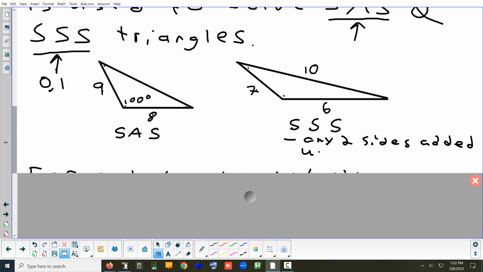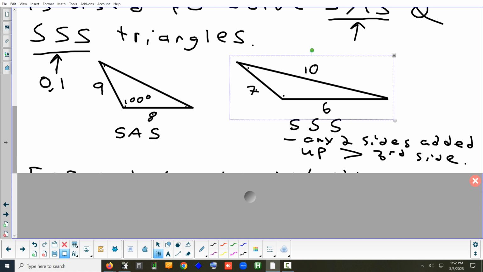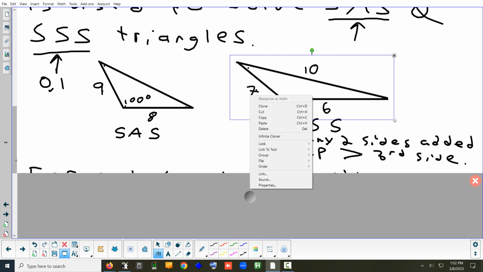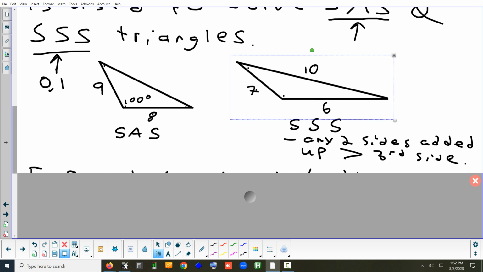Any 2 sides added up have to be greater than the third side. So if you check that here, 7 plus 10, yeah, that's bigger than 6. 10 plus 6, yeah, it's bigger than 7. And 7 plus 6 is bigger than 10. So those are realistic numbers.